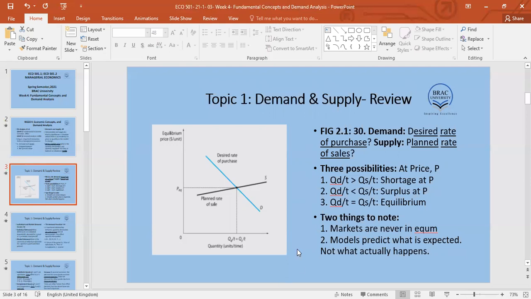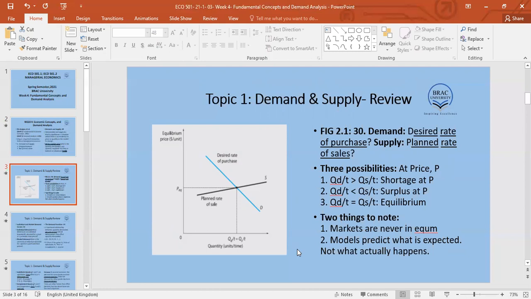Okay, and now there are three possibilities. At the market price, is the quantity demanded at a particular time more than the quantity supplied at that time? If demand is more than supply, then definitely there is a shortage in the market. People are demanding more at the price than suppliers are willing to supply at that particular price.